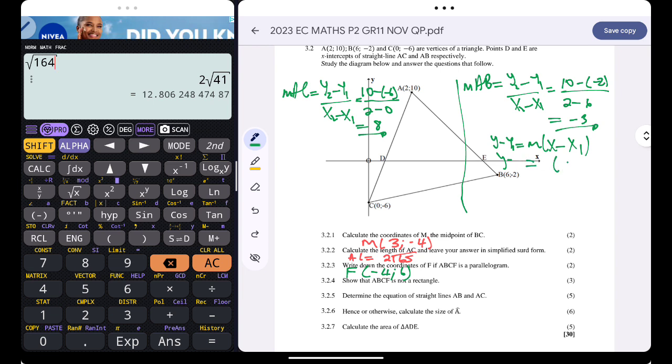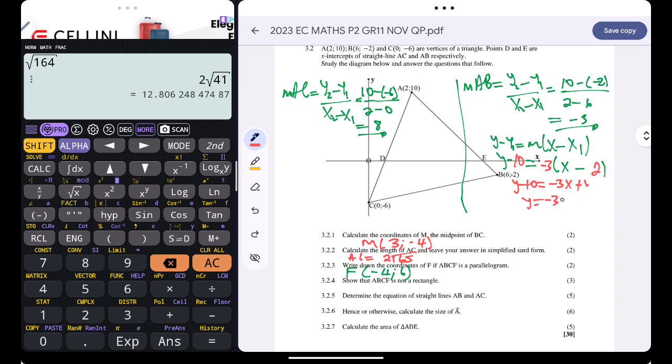So the y1 and x1 represent a point on the line AB. I can just take point A because it has positive values 10 and 2, and my gradient is negative 3. y minus 10 is equal to negative 3x plus 6. So y is equal to minus 3x plus 16.